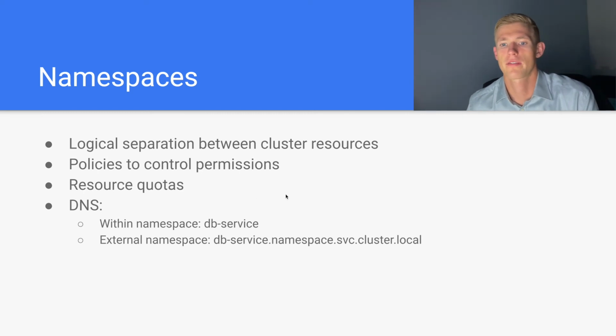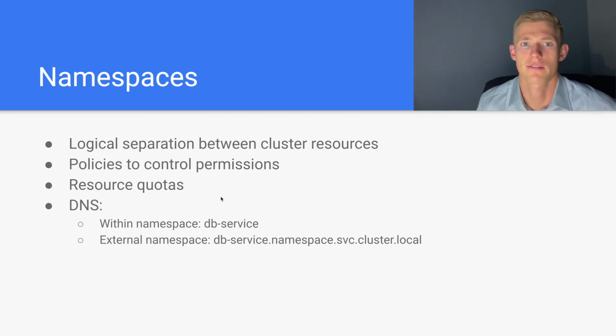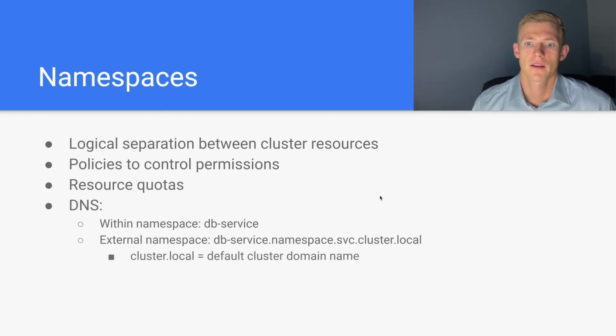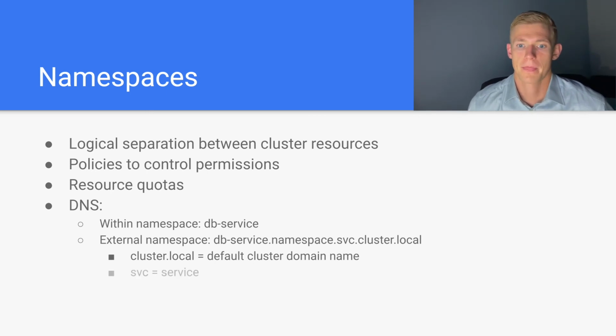But if that service is in a different namespace to us, then we have to do dbservice.namespace.svc.cluster.local. So we know here that's the name of the service, that's the namespace that we're going to use. SVC just means service, so that's a type of Kubernetes object that we'll go into in the next video. And then cluster.local is the default cluster domain name.